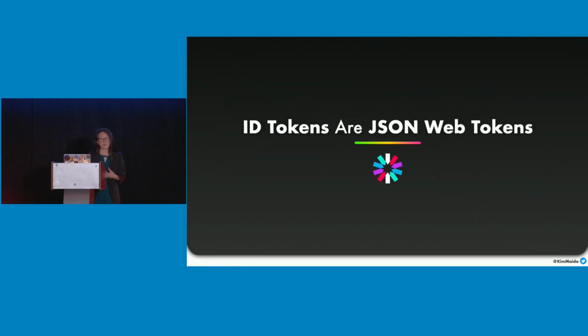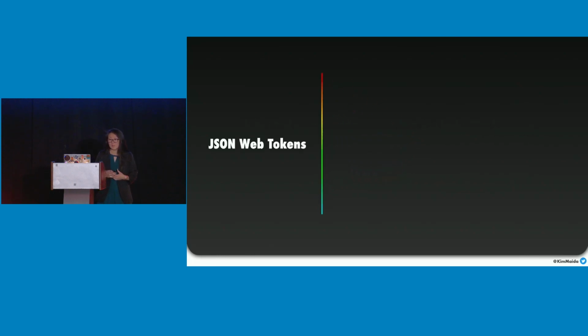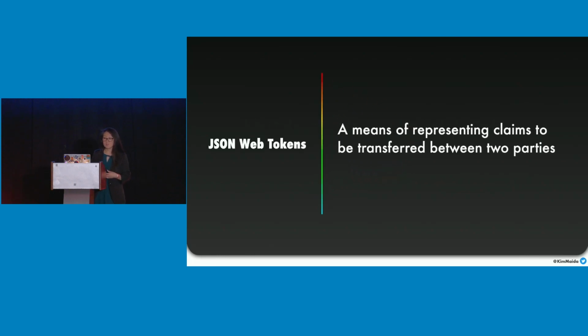Now, OIDC specifies the format for ID tokens as a JSON Web Token format, or JWT, which is sometimes pronounced JOT. And JSON Web Tokens are data artifacts that can be decrypted and validated as a means of ensuring that they weren't modified in transit.